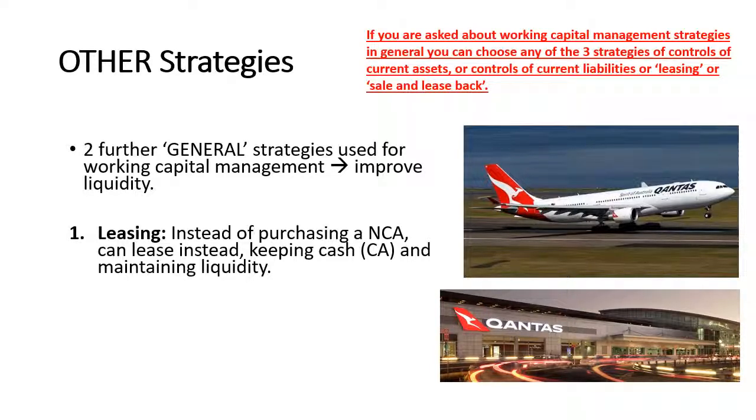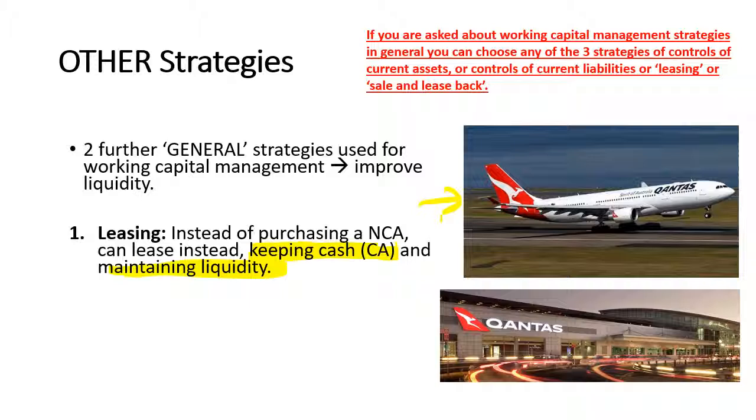Okay, so we keep our cash as our current asset. We maintain liquidity. Now, airliners such as Qantas, many airlines around the world will do leasing to ensure they have adequate liquidity and cash flow, but also to address the operational needs throughout the year as well.